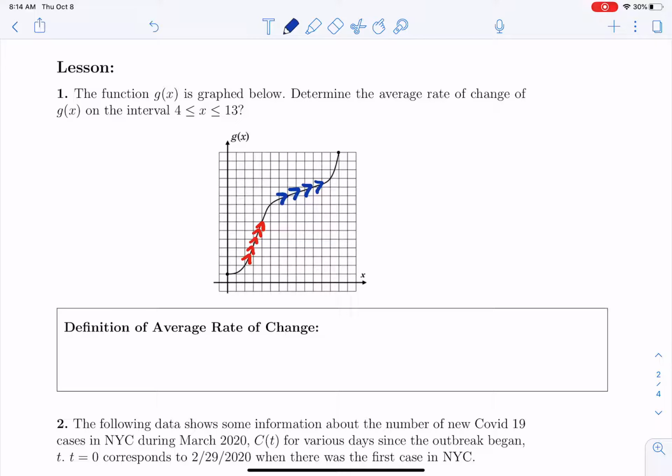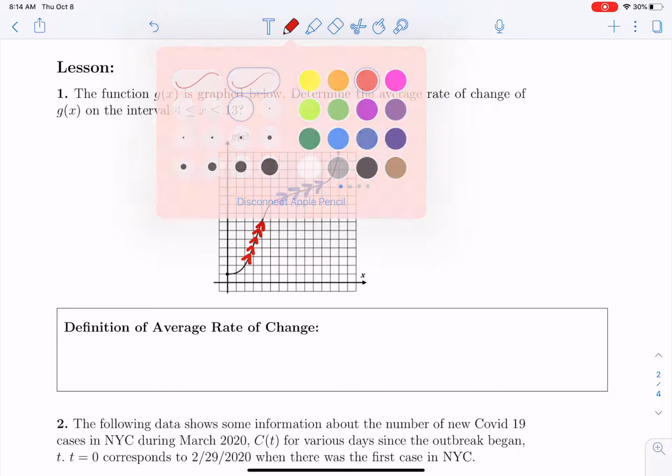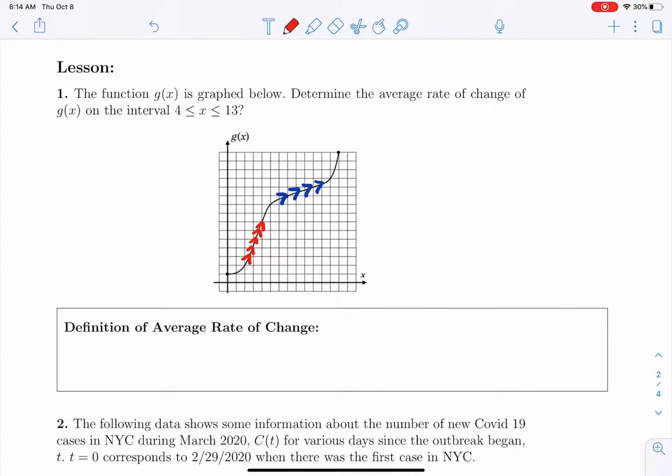Well, one thing I notice is that the red lines where I indicated the slope of that curve is much steeper than the blue. So the slope is not constant, or it's not the same. We're not dealing with a straight line here. We're dealing with a curved line. So the slope will be changing depending where on that curve we are.